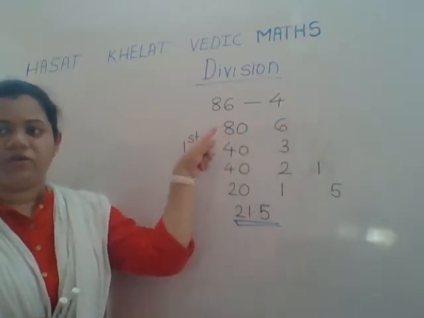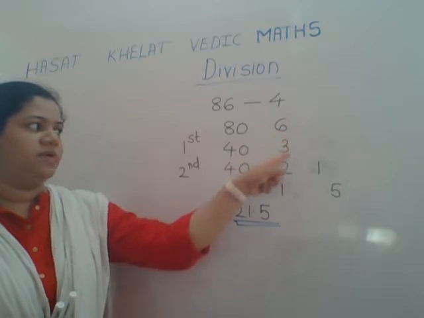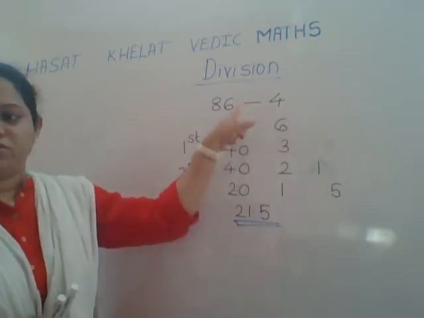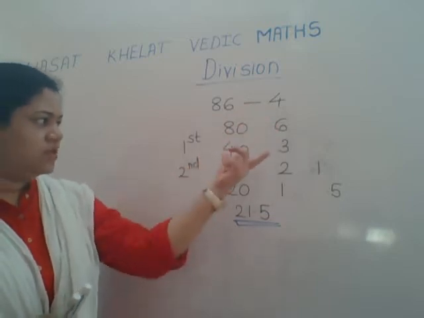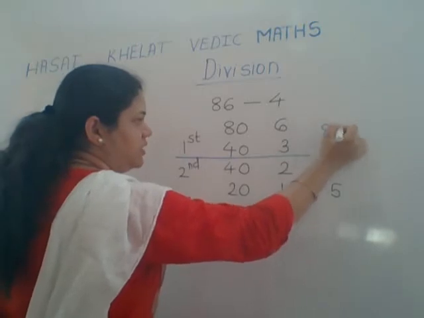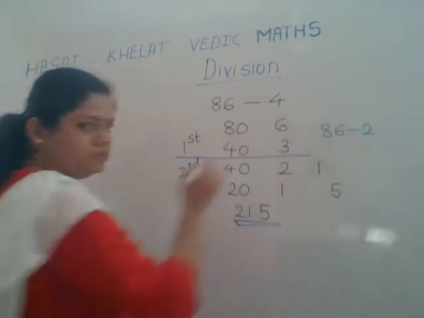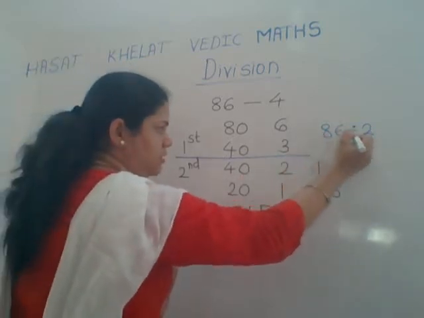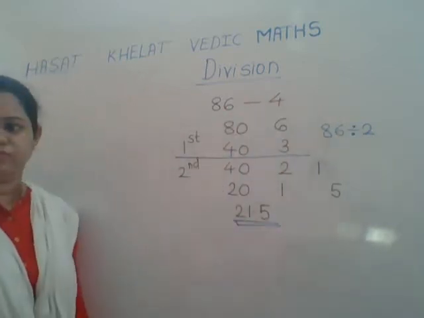But we have to divide by 4. So this answer we got here is nothing but 86 divided by 2. Initially, what we did was 86 divided by 2. Correct?